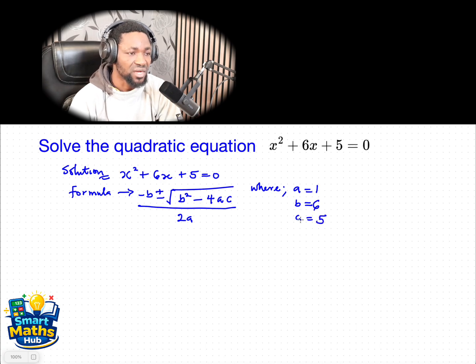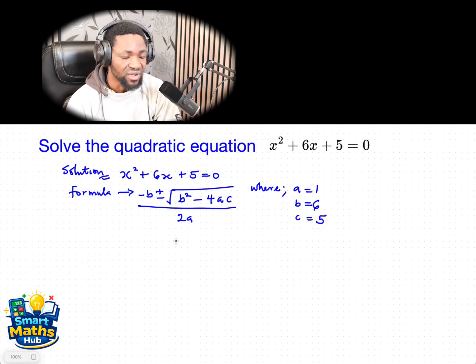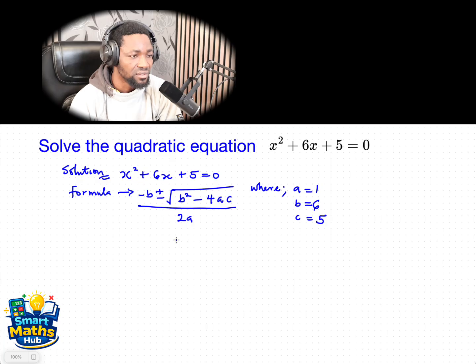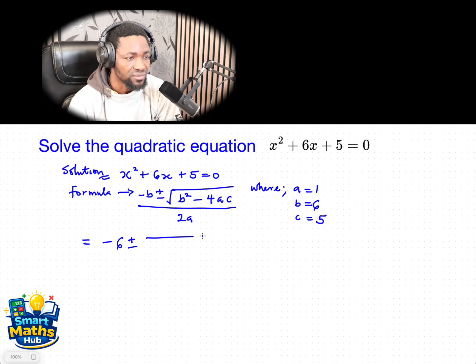So we now come back to your formula and substitute wherever you see a, wherever you see b, wherever you see c. Let me put the numbers. The value of b is 6, plus or minus square root of, b is 6 raised to power 2 minus 4.